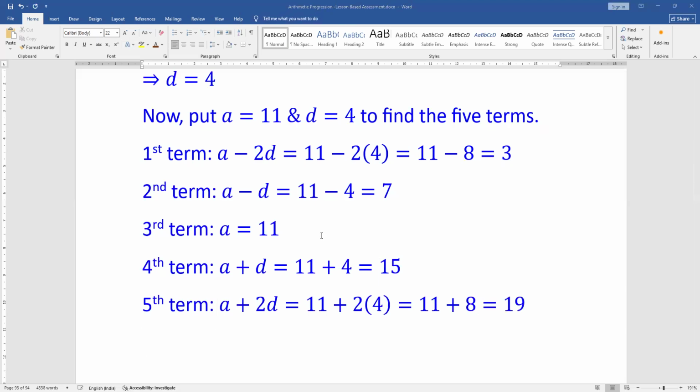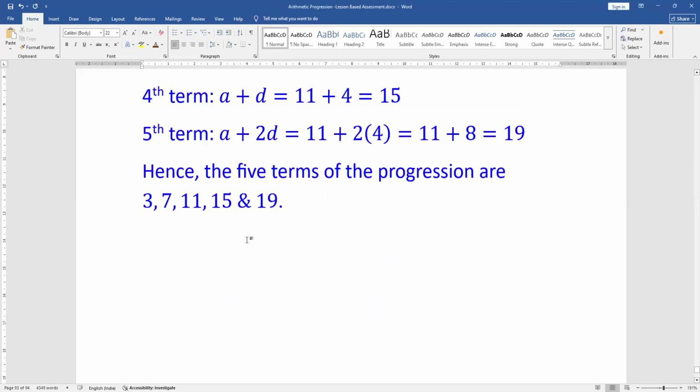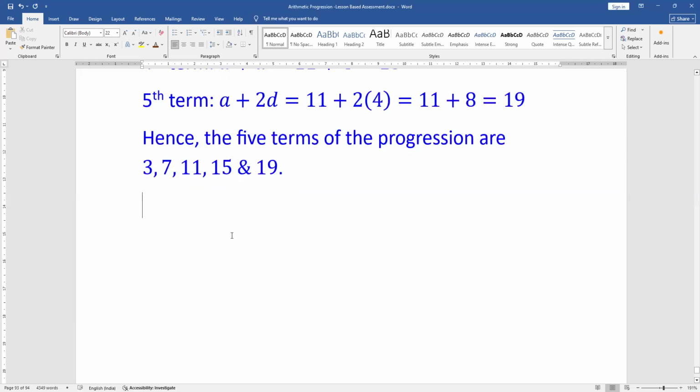Okay, so write the concluding statement here. Hence, the 5 terms of the progression are 3, 7, 11, 15, and 19.